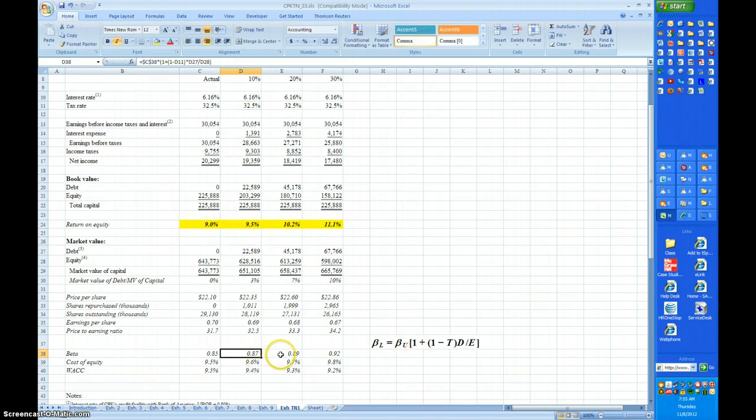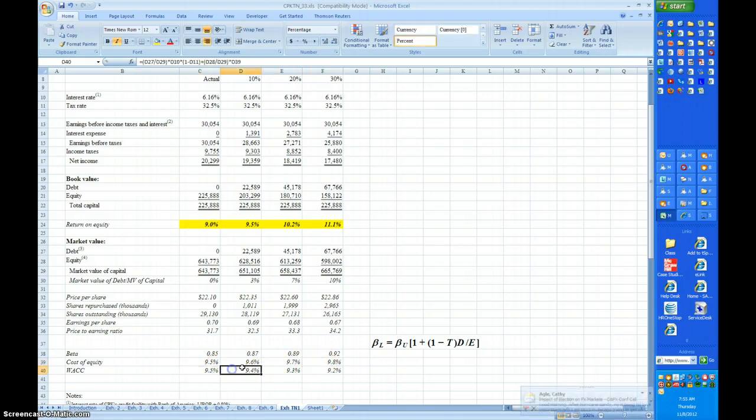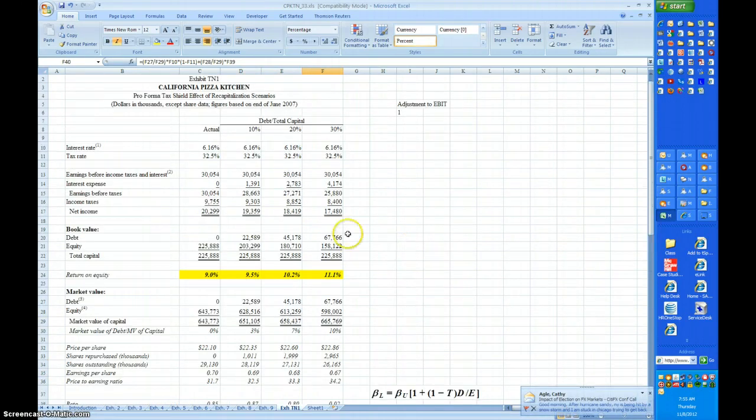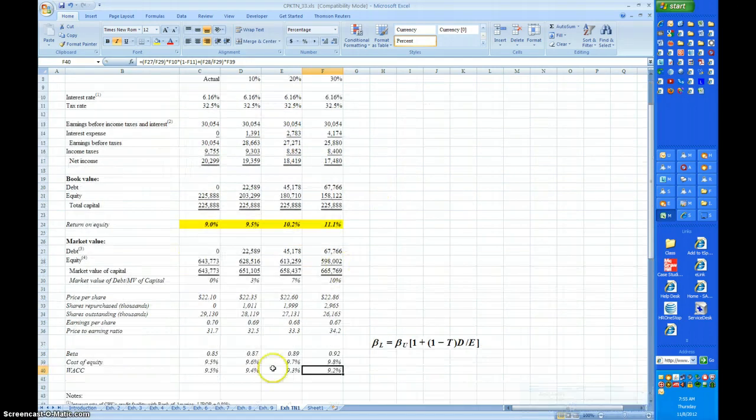And as more leverage, more debt comes to the balance sheet, the higher the beta. This raises cost of equity. We have the risk-free rate plus the market risk premium times the beta as such. And the weighted average cost of capital, however, goes down. And the reason for that, again, is that, remember, debt is costing them 6.16%, equity costs them 9.5%.